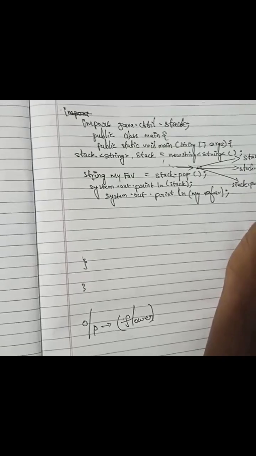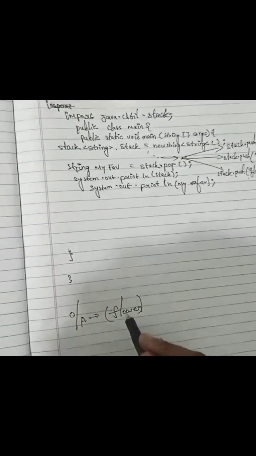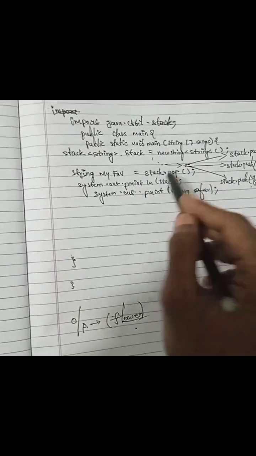So by using the pop element, we're going to print these elements as the output. My removing element is the flower, so that's why it will be the last. By using the pop element, we're going to remove the flower element.